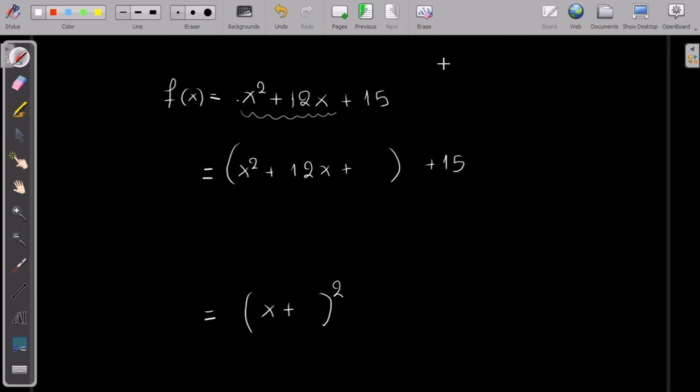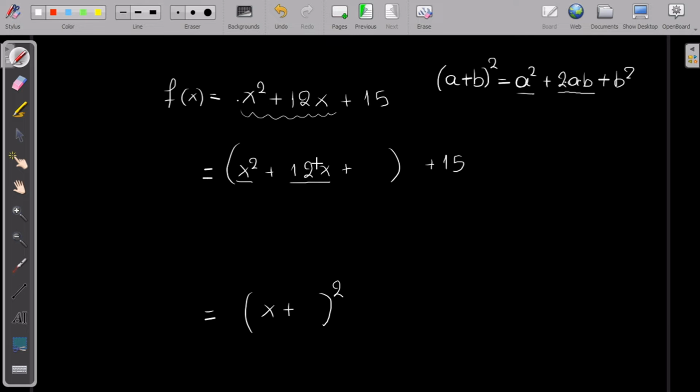You must always have in mind this expansion of the perfect square, a square plus 2 times a times b plus b squared, as in the previous example. Here, this is my first term, a, and this is the term 2 times a times b.